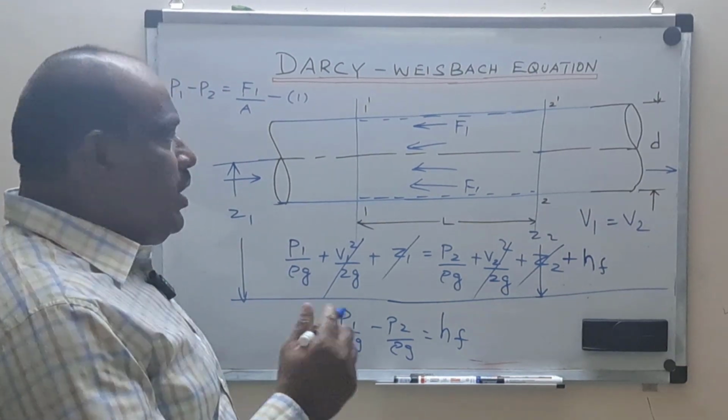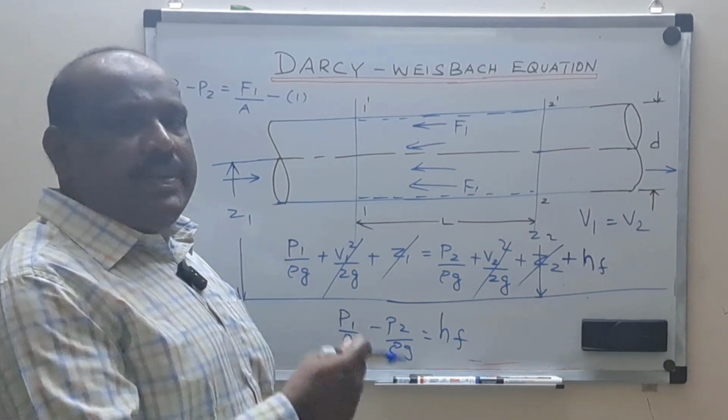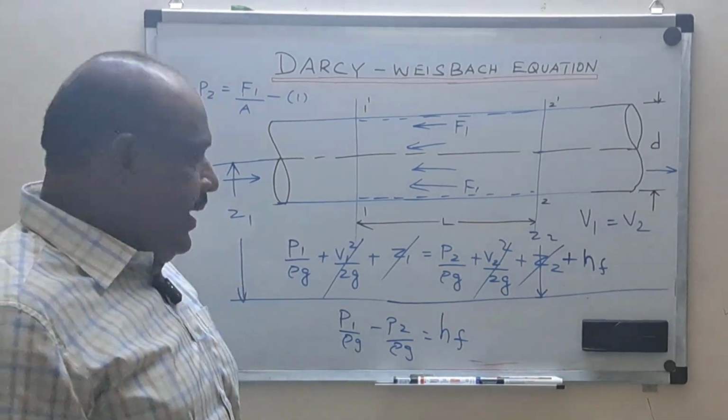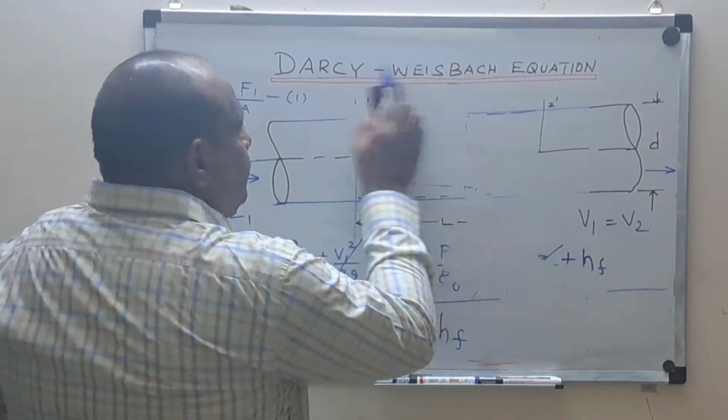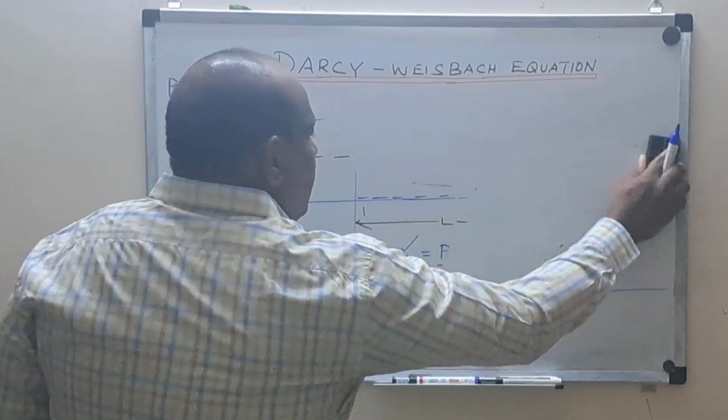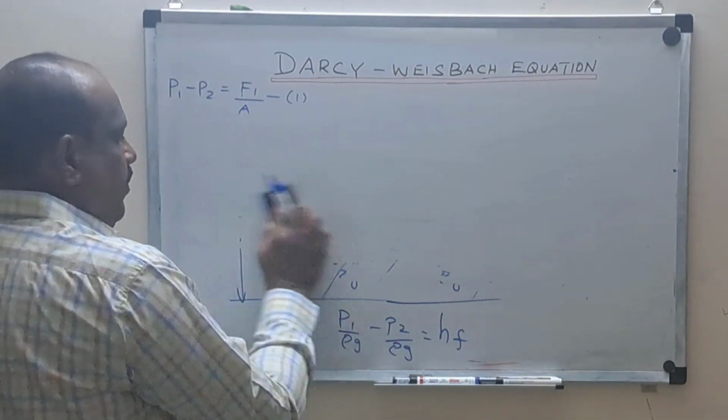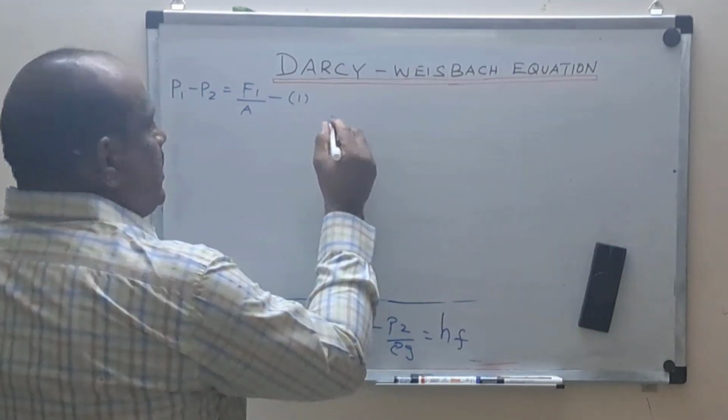Okay, I hope now there is no need for further diagram. Due to space constraint, I can erase the diagram. So P1 by rho g minus P2 by rho g equals hf.